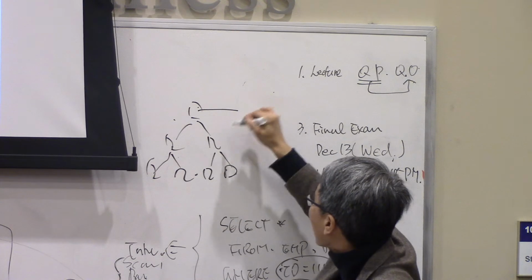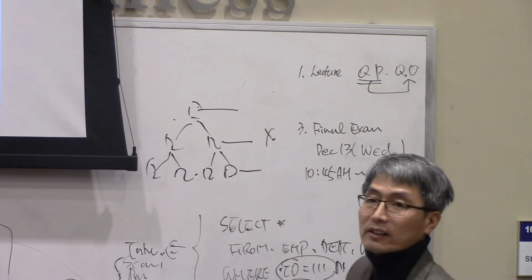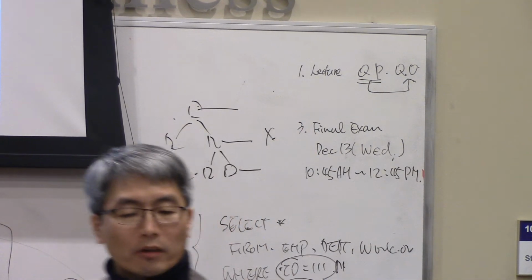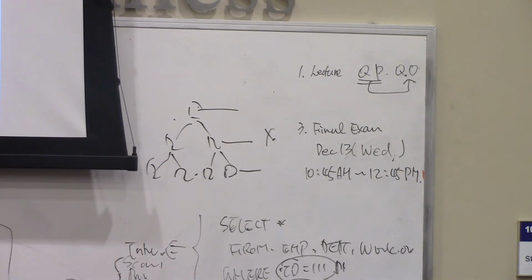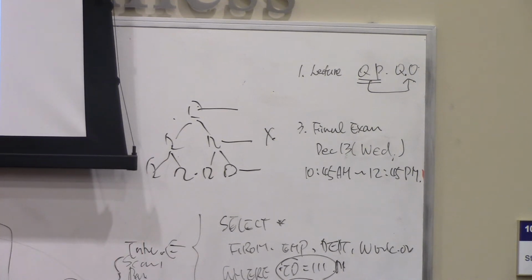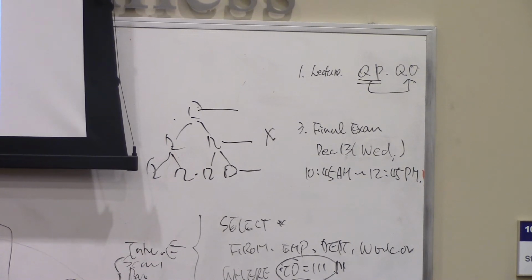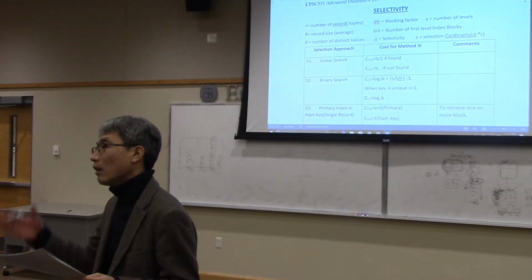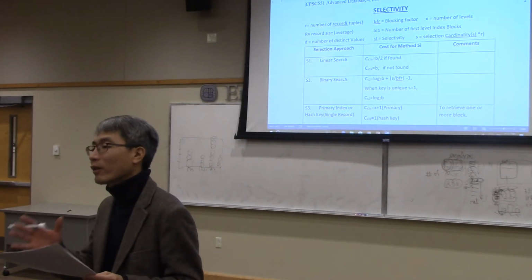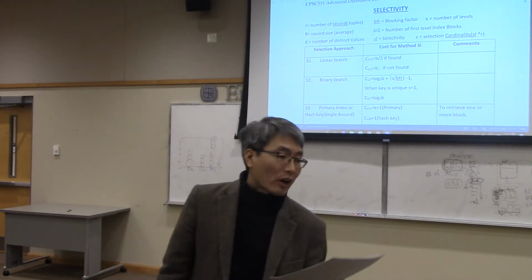So level 1, 2, 3 is the X. That will be the number of I/Os eventually. Then the capital R is the record size. You cannot know exactly the record size of all the database, all the tables. Instead, it's an average because it's not fixed. It's variable length. So it's always the average.